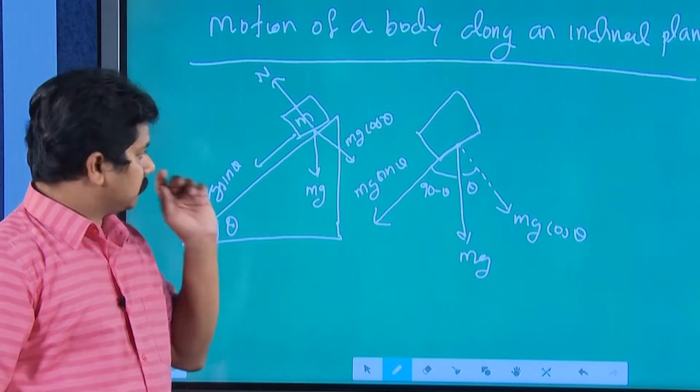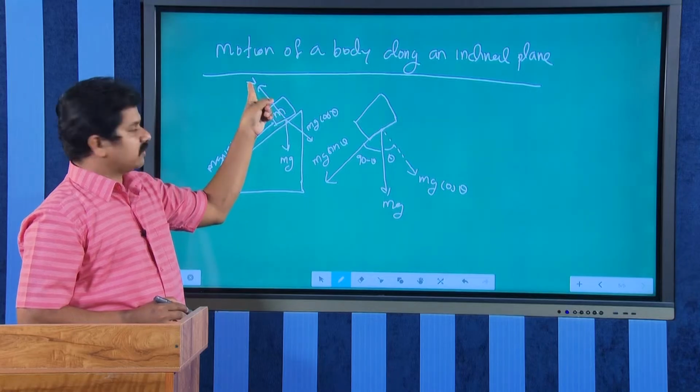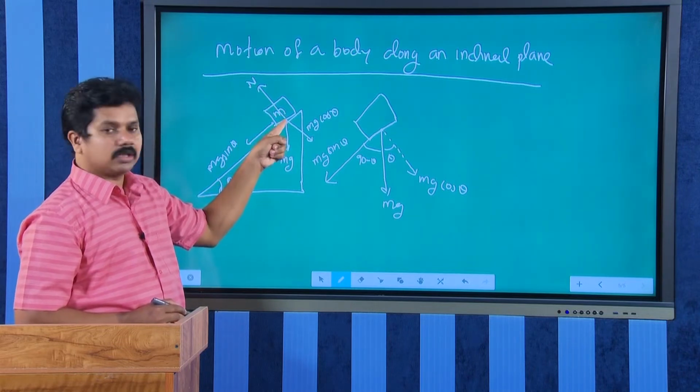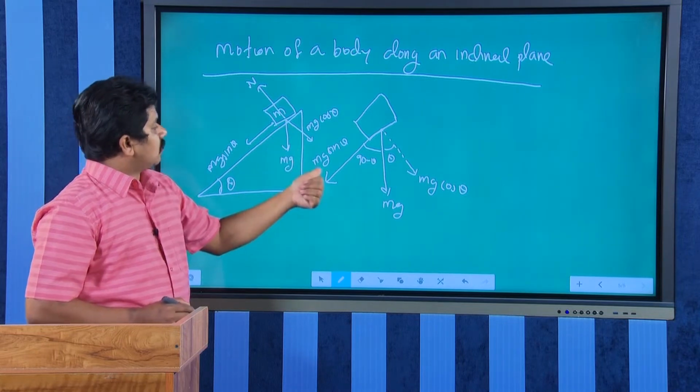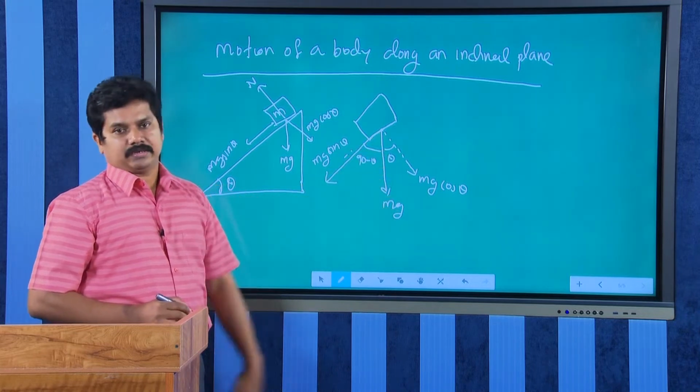Okay. So, I repeat. We have a block of mass m, a normal reaction will be acting up, mg will be acting down, up in the sense perpendicular to the plane. Okay. Now, we resolve this mg along the plane and perpendicular to the plane.